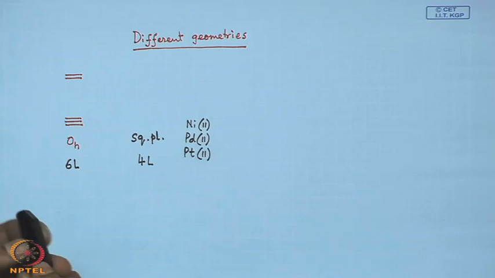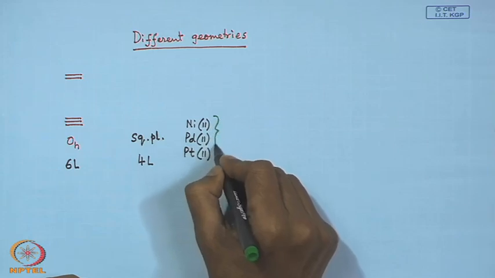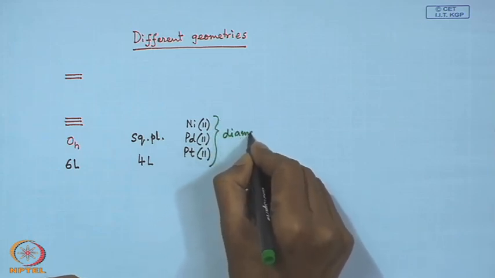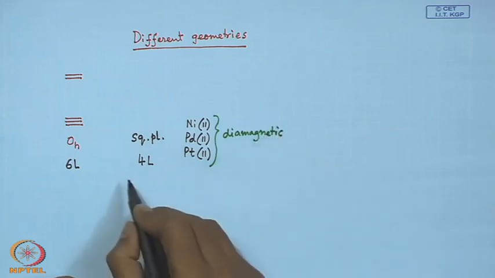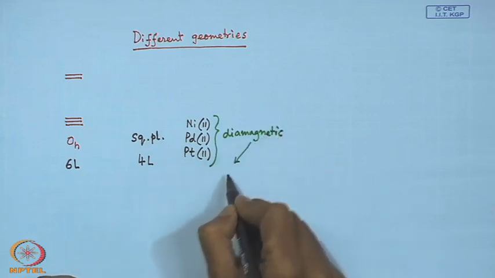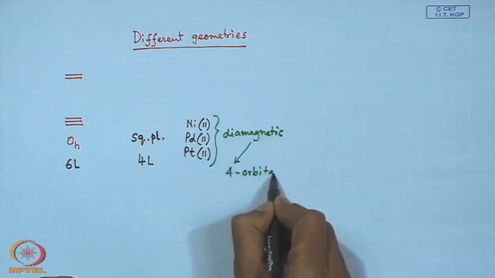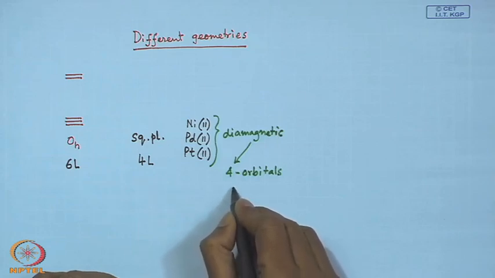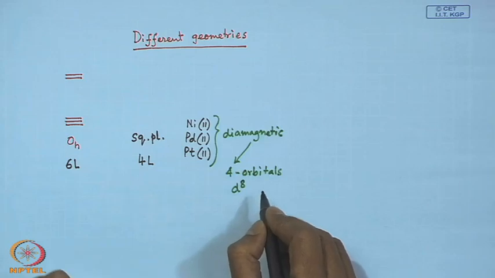So, all this we know from our school days about the corresponding valence bond picture, that these compounds are all diamagnetic. That means only 4 orbitals would be available for the occupancy of 8 electrons from the d8 level.